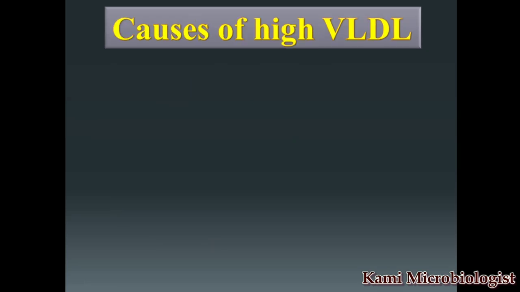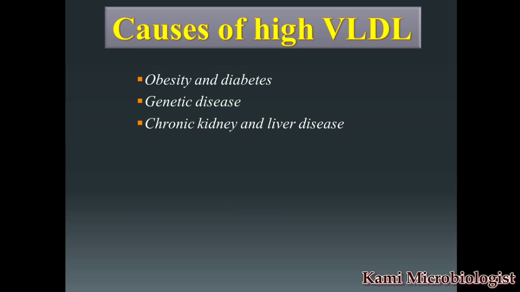Now let's see the main causes of high VLDL. If the VLDL gets high, it will cause diabetes and obesity in the body. High VLDL is due to a genetic disease, meaning if one person in your family has high VLDL, then definitely some other people in your family will have high VLDL. So we can say that it is a genetic disease. High VLDL can cause chronic liver and kidney disease.